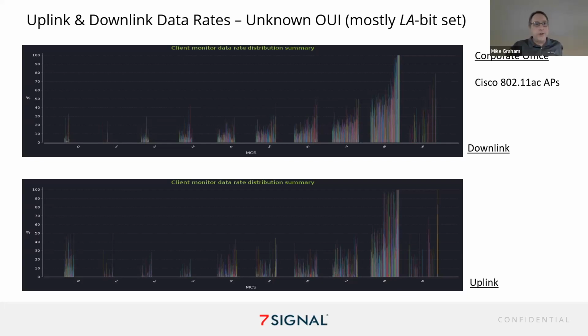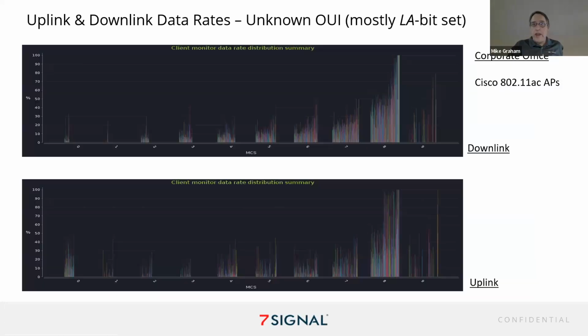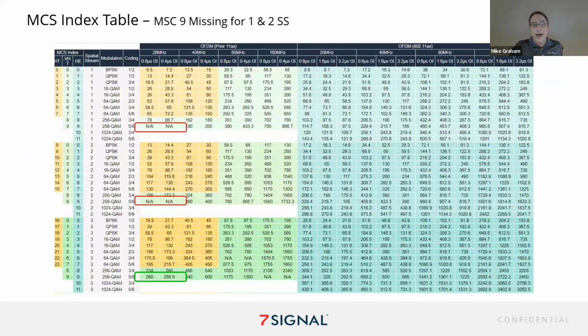What it comes down to is, if we think back on the MCS table and we look for single and 2-stream radios, we'll see that MCS 9 is not supported on those. There is no data rate that corresponds to that. So naturally, we expect not to see a lot of clients at MCS 9.